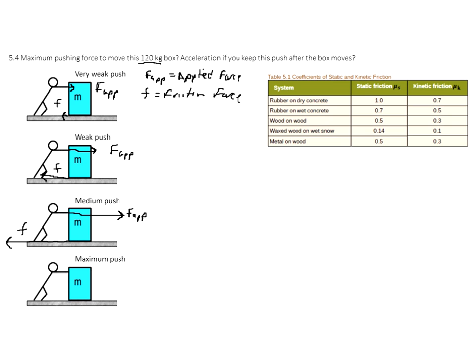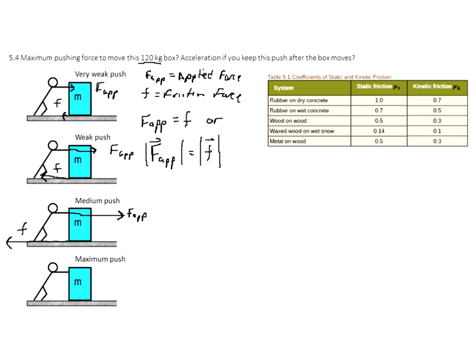So notice in each of these cases, F applied equals the frictional force. You might say, okay, they're in opposite directions, so maybe a better way to say this is actually represent them as vectors, but take the magnitude of the vector, because we know they're in opposite directions. So one push is a 10-pound push to the left, the other one's a 10-pound push to the right.